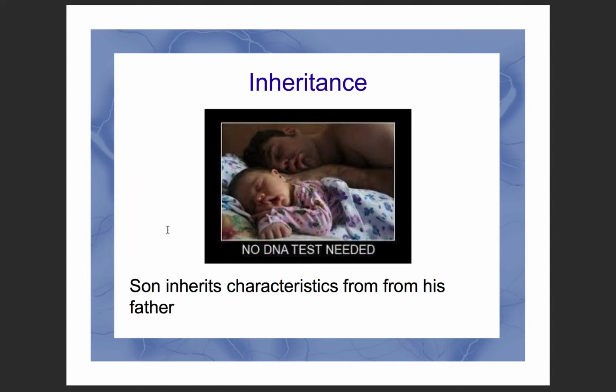Inheritance basically says that if you compare with real life, a son inherits characteristics from his father. Probably a son has similar characteristics to his father. So that means a son adopts characteristics from his father.